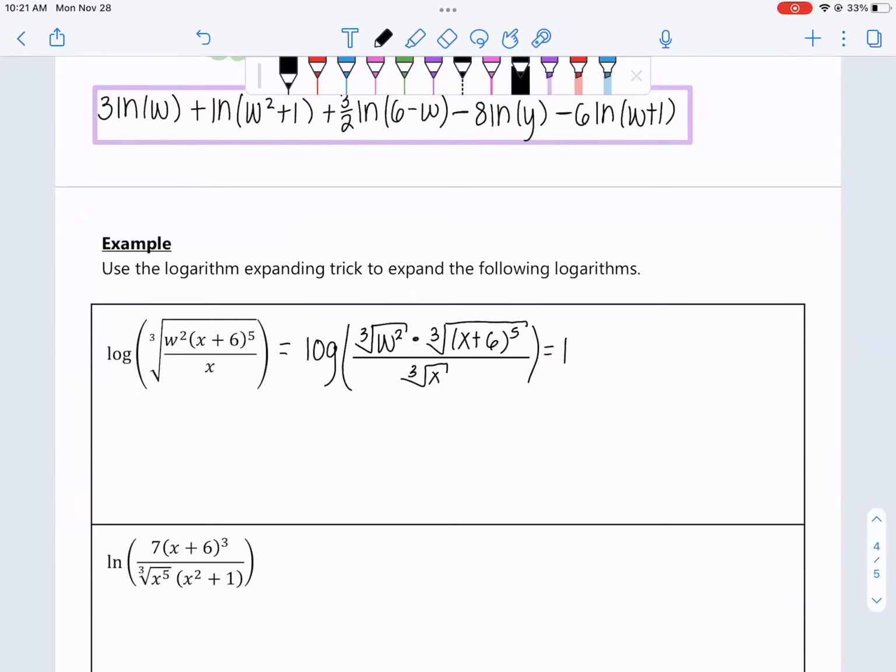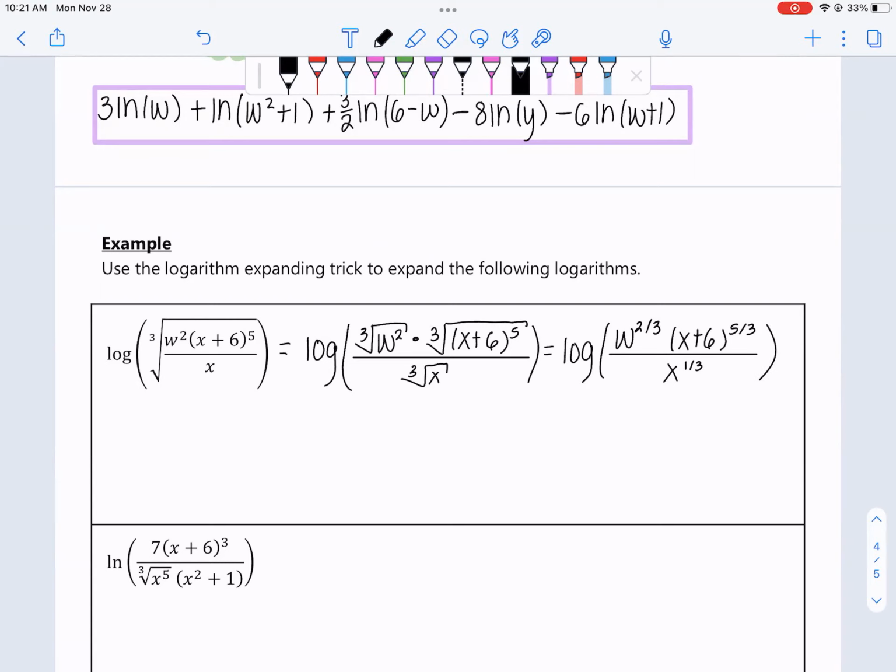Rewriting this with exponentials instead of radicals, this will be w raised to the 2/3 power, x plus 6 raised to the 5/3 power, all over x raised to the 1/3 power.